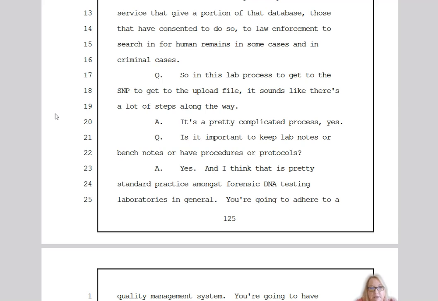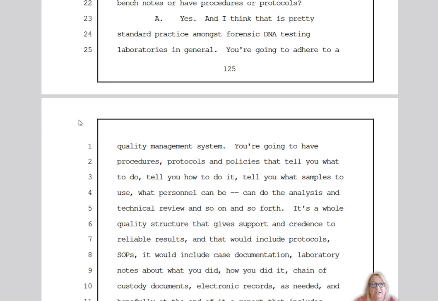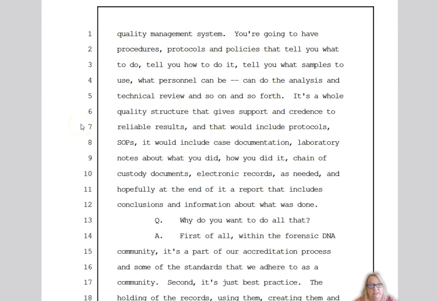So the defense asked, so in this lab process, to get the SNP to the upload file, it sounds like there's a lot of steps along the way. He says it's pretty complicated. She says, is it important to keep lab notes or bench notes or have procedures or protocols? Where have we heard that before? He says, yes, and I think that's pretty standard practice amongst forensic DNA testing laboratories in general. You're going to adhere to a quality management system. You're going to have procedures, protocols, and policies that tell you what to do, how to do it, what samples to use, what personnel can do the analysis and technical review, and so on and so forth.